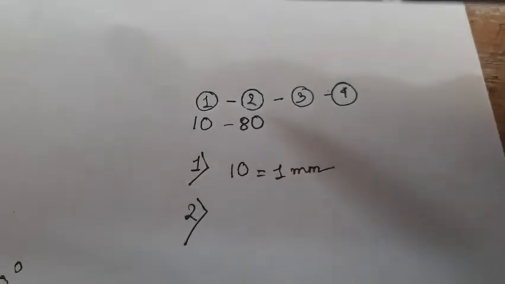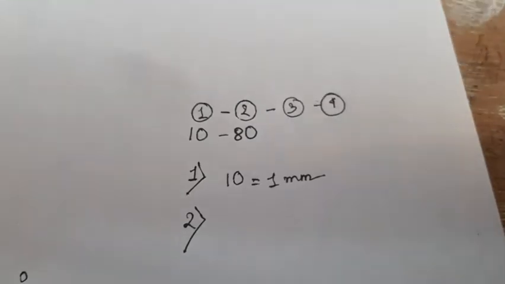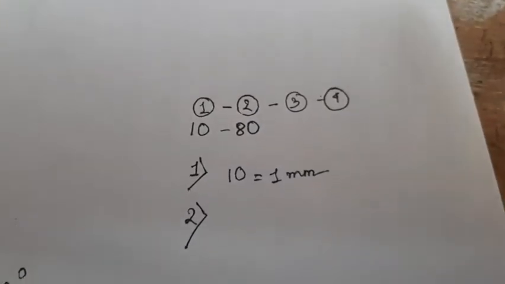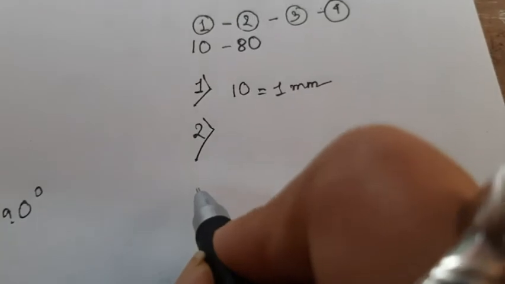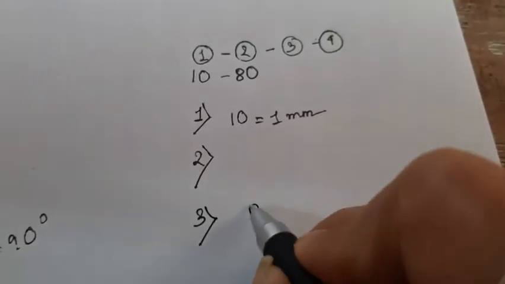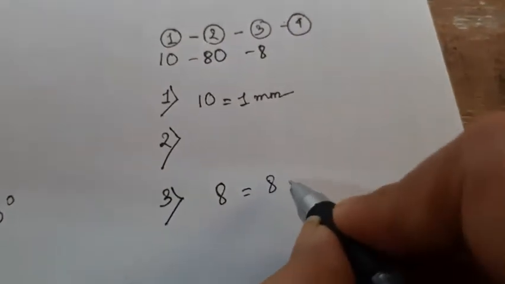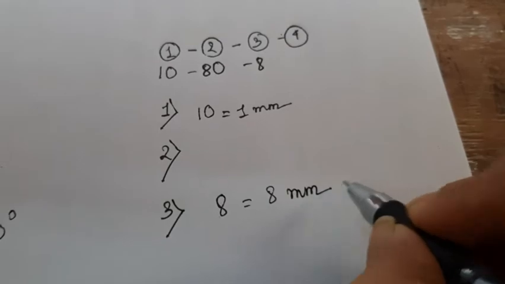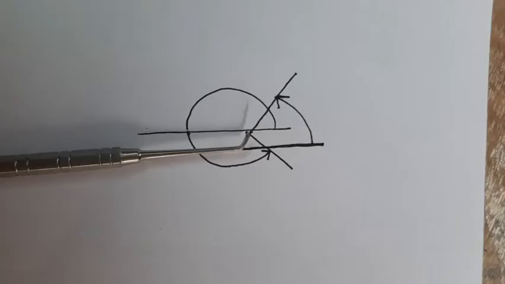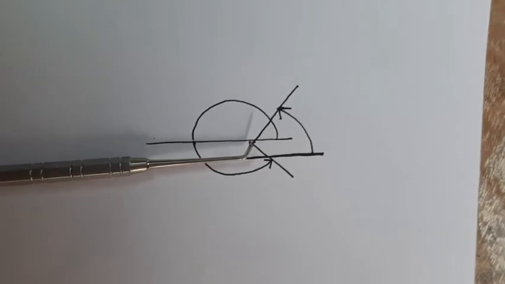Next, let's come to the third number. The third number gives the length of the blade in millimeters. That means if it is written 8, then it will be 8 millimeter length of the blade. And the fourth number denotes the angle of the blade.